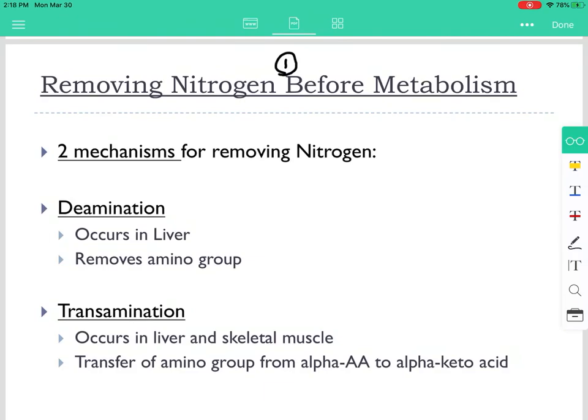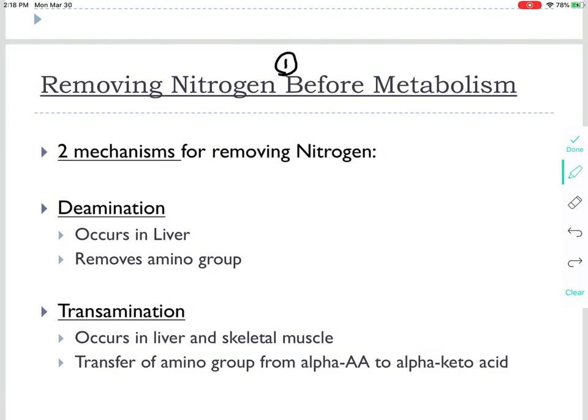So before we can metabolize any part of protein for energy, we have to remove nitrogen. I'm only going to have you know one of these, deamination. There is another way, but just to make your life easier, deamination is one way that we can remove nitrogen before we can metabolize it for energy. And I chose this one because with deamination, the D helps me to remember getting rid of something.